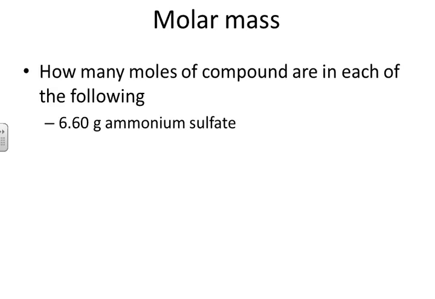All right, next problem. How many moles of compound are in each of the following? This is the first of them. We have 6.60 grams ammonium sulfate, (NH4)2SO4, and we want to know how many moles.